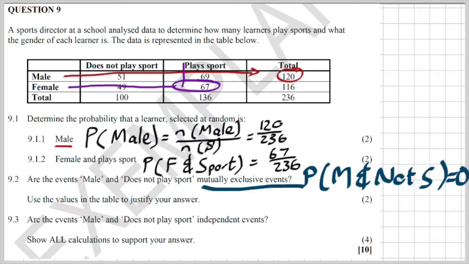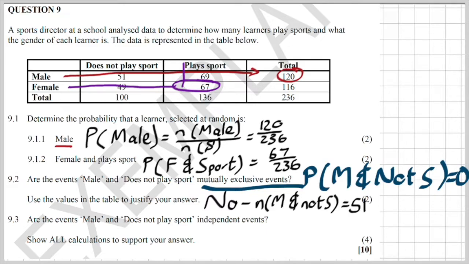So the probability of someone being male and not playing sport would be 0. Now that can't be true because there are 51 learners that are male and don't play sport. So can it be mutually exclusive? No. Plain and simple, it's definitely not mutually exclusive, because that would mean that there are no learners that are male and don't play sport.